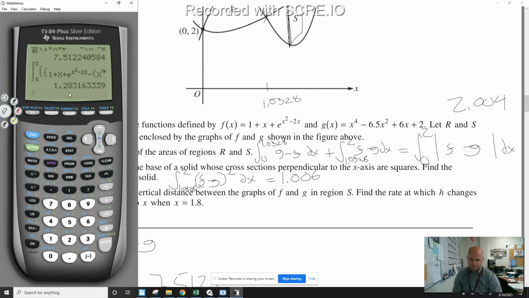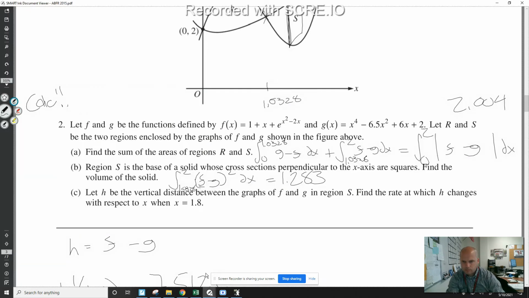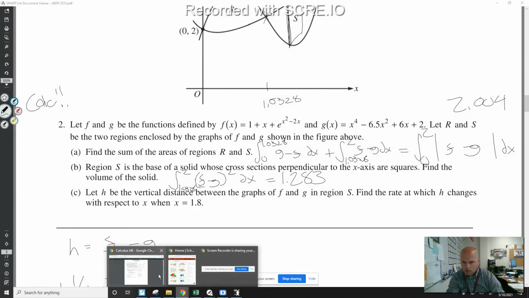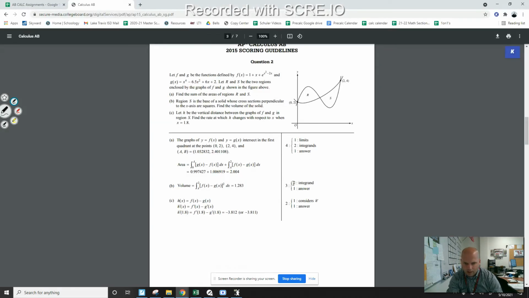I would have gotten everything but the answer because I had everything correct. Let's see how many points I would have gotten. 2 points for the integral. I would have gotten 2 out of 3 because I didn't type it in right.